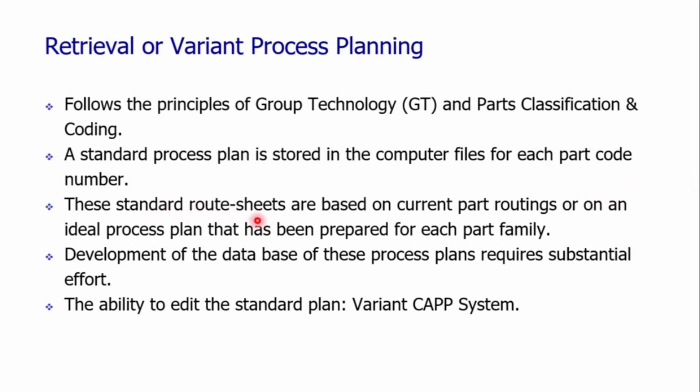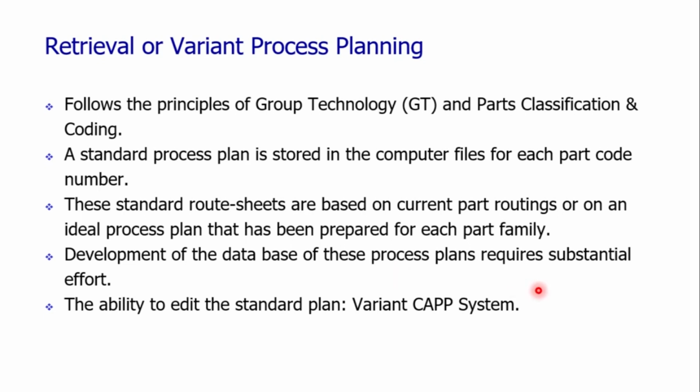And these standard route sheets have information of the sequence of manufacturing operations, the tools, the jigs required, the fixtures required, the production information, the process parameters, and all manufacturing related information and the sequence is documented. So such a documented file in the stepwise manner would be stored.